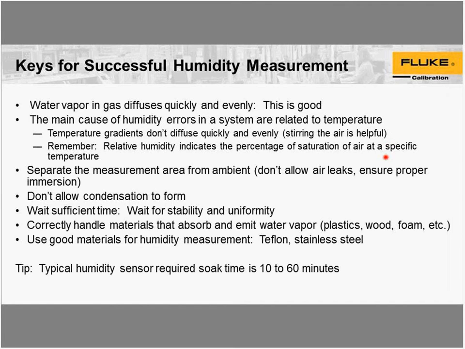So you may have a particular amount of water vapor mixed into a system, but if the temperature is higher on the left side than it is on the right side, then the relative humidity will be different, even though the ratio of vapor to air is the same on the left and right side. It's because, again, it's relative humidity, so a temperature differential causes a difference in percent RH.